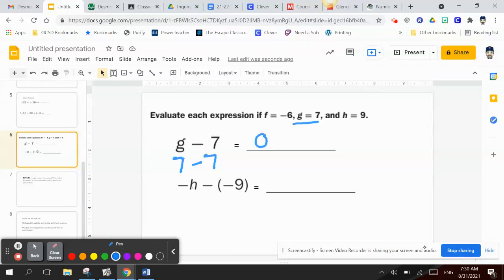So this is a -9 now. So I have -9 minus a -9. So remember, we talk about two negatives make a positive. So we have -9 plus 9, and 9 minus 9, again, it just happens to be 0.